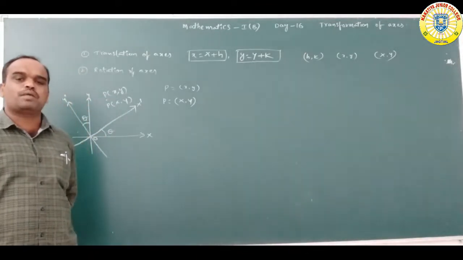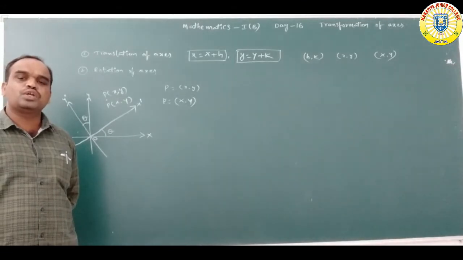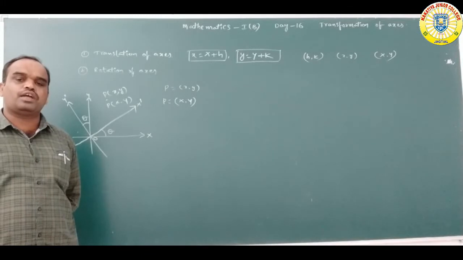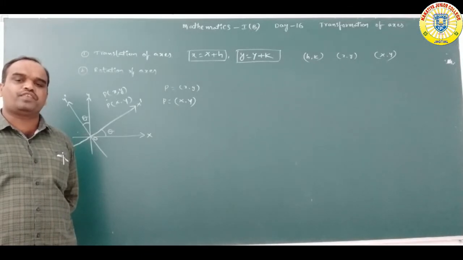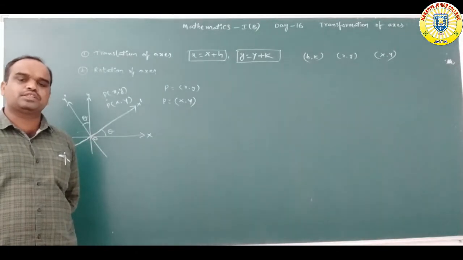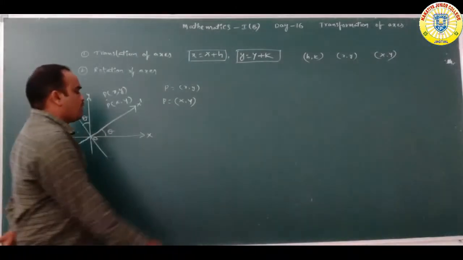Capital X comma capital Y are the coordinates of P with reference to the new system. Theta is the angle of rotation.